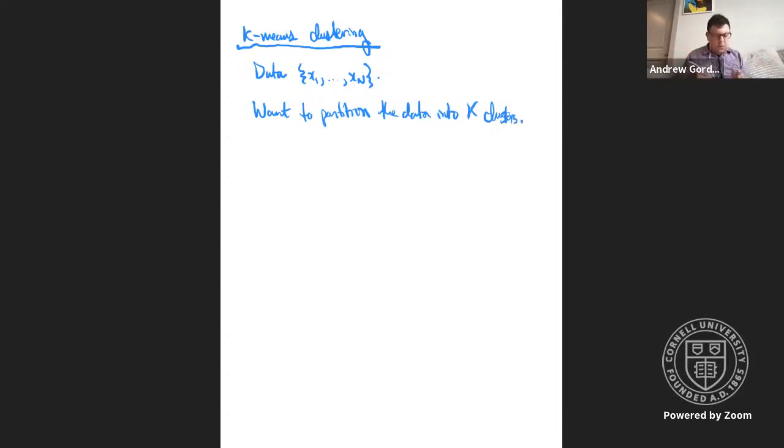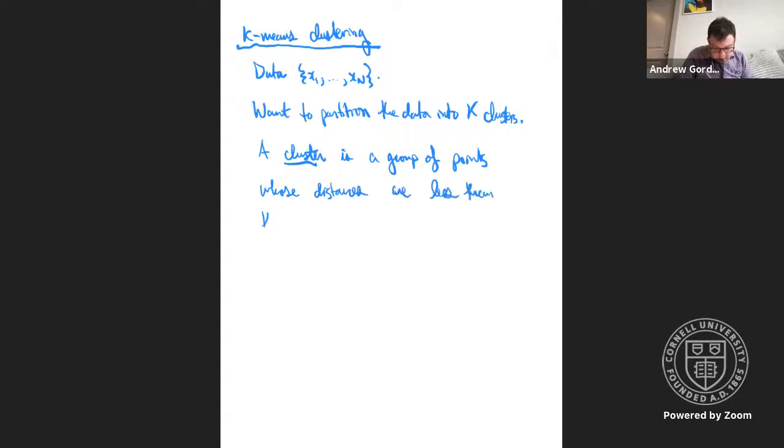So what's a cluster? Intuitively, a cluster is a group of points whose distances are less than the distances for points outside the cluster.